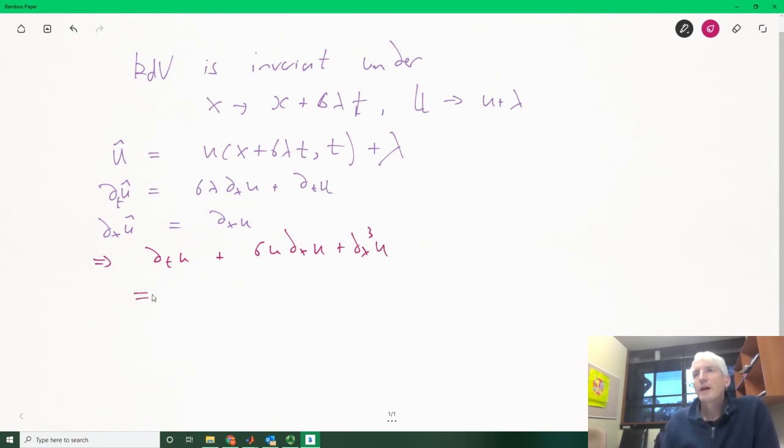We substitute into that, which is equal to 0, right? We're going to get the time derivative of u, which is equal to, we're going to do this with u hat.